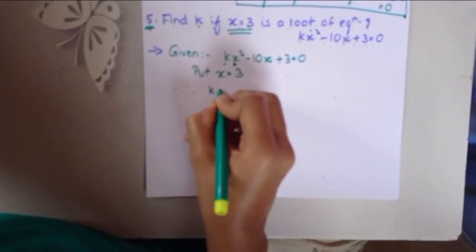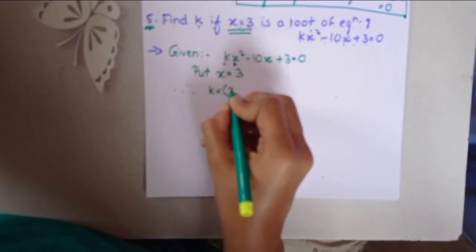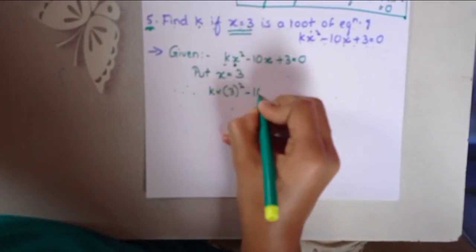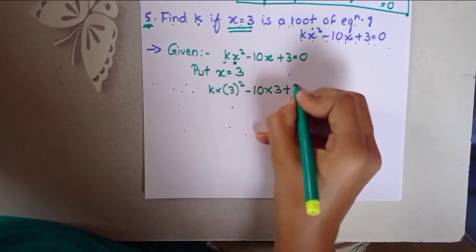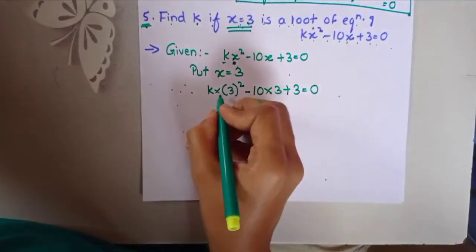Therefore, k into x square, that is 3 square, minus 10 into 3 plus 3 is equal to 0.